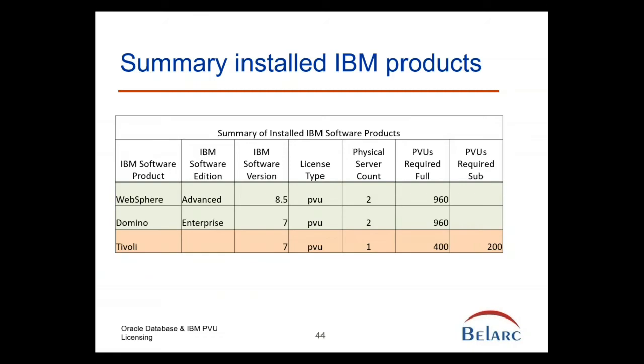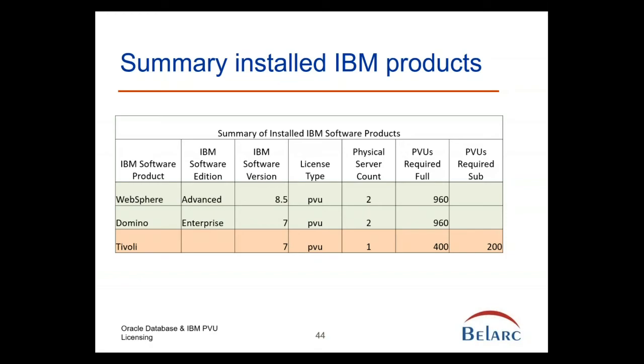The last step for this part of the process is to summarize by product edition and version, summarizing across all the servers. The PVU counts in this table are the sums from the rows in the previous table. And again, for the Tivoli products, which are running in VMs, we show the total number of PVUs by both licensing methods. Naturally, if we are running ILMT, we'd want to use the subcapacity number.